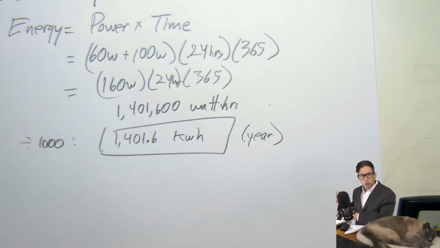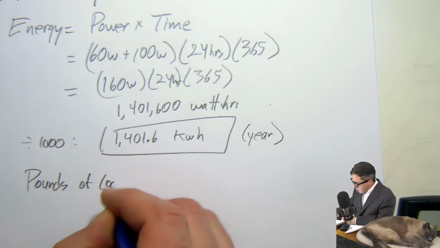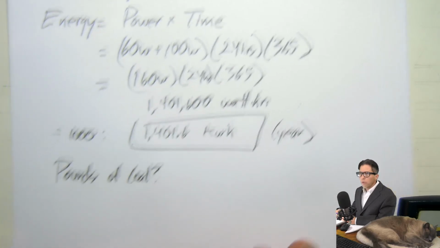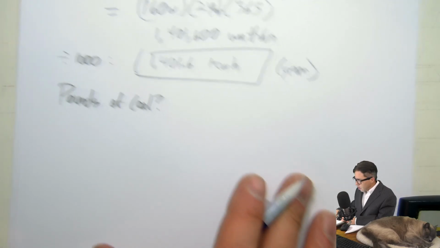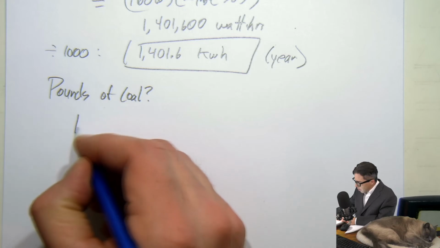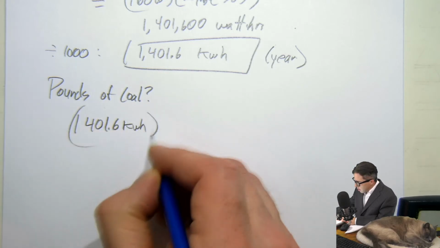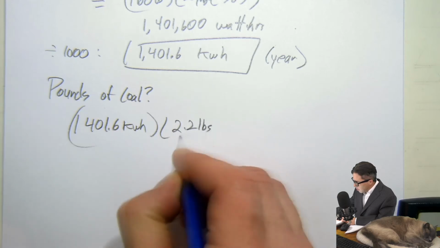How many pounds of coal? Let's say I ask that question. So what we said is, if you know your kilowatt hours, multiply that by 2.2. So I take 1,401 kilowatt hours, 2.2 pounds.